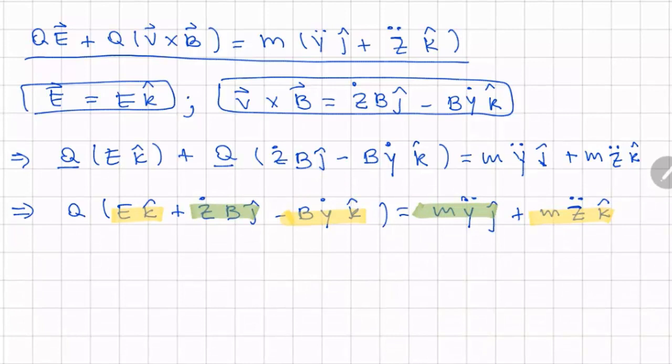So when we write the J and K components separately, we get the following equations.